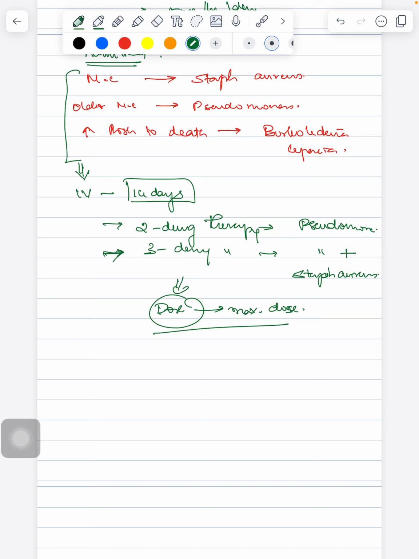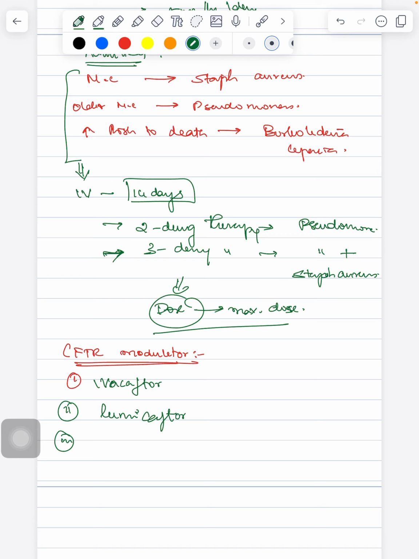Okay. Next we have the final. We have CFTR modulators that can modulate your gene or your CFTR protein. So what are the CFTR modulators? First one here is your ivacaftor. Second is your lumacaftor. Third one is your tezacaftor.